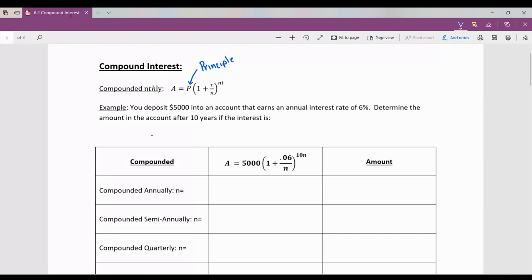So this is the principal, and it's my starting amount, like my initial value. Remember how we did that with those exponential functions? It's my initial value. All right, so for this one, my P is going to be 5,000.